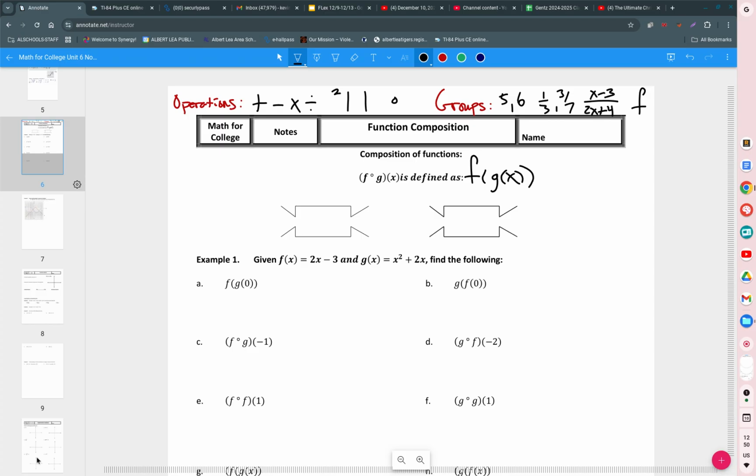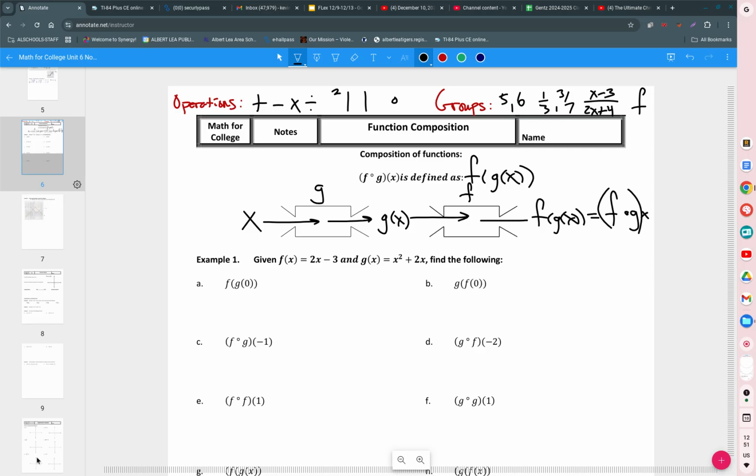What this means is you take x, that's your domain value, that's what you start with, and you first drop it into the g function. It produces an output, g of x. What do you then do with g of x? Yeah, you plug it in for f. And the output is f of g of x.